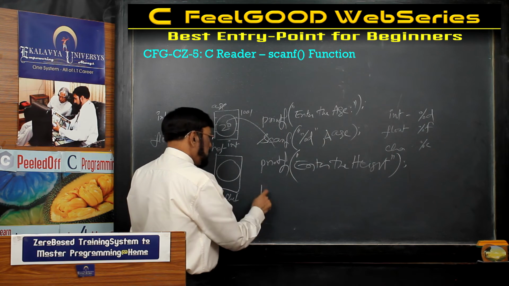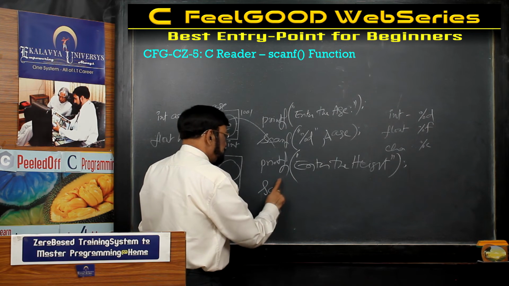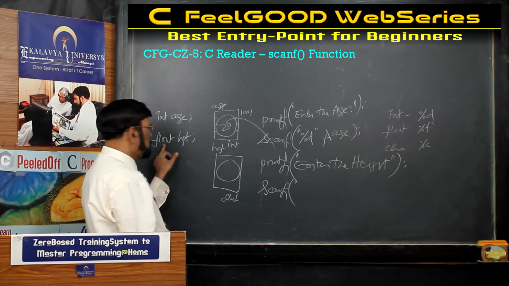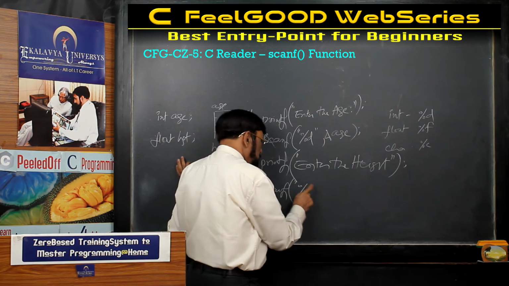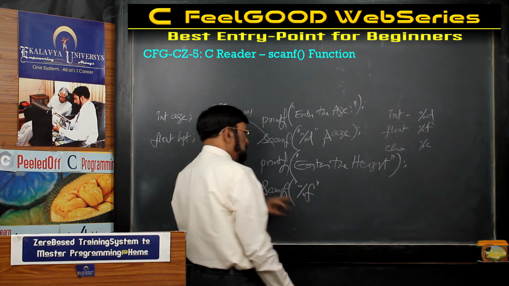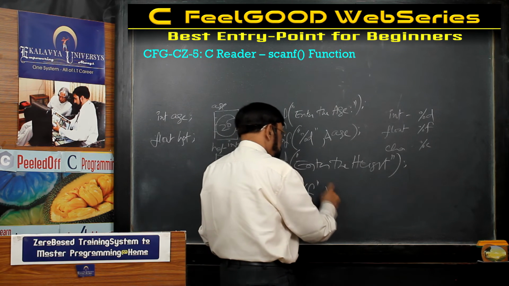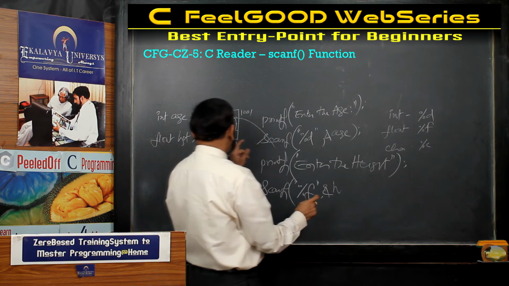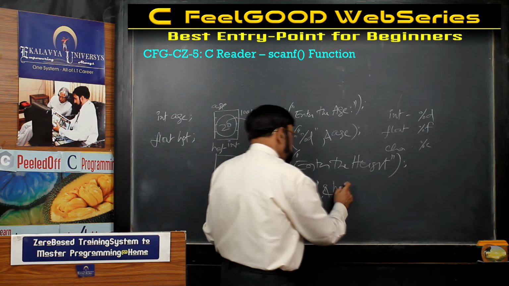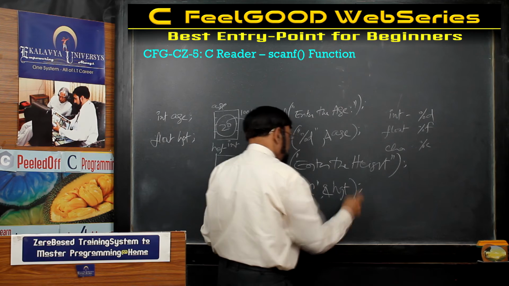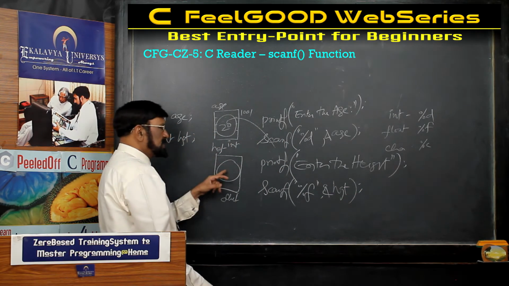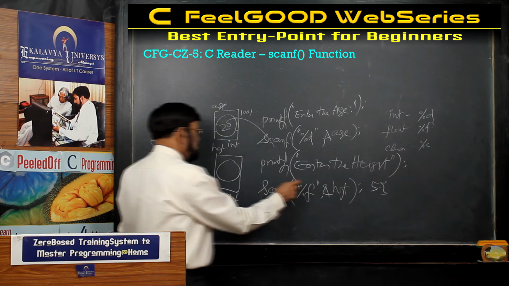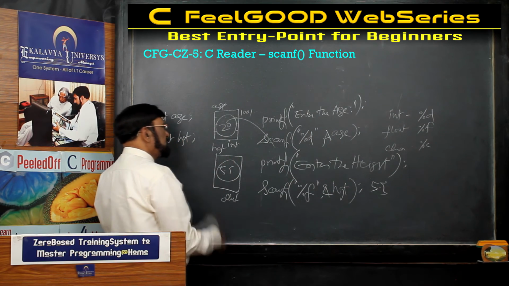Below that, you have to write the scanf statement. Which code do you write? You want to read a float value, so you write %f. Thereafter, ampersand means address of, and the spelling you have written, hgt. The same spelling you have written for the variable, you have to write. As a result of that, now we enter 5.5. Then this postman drops 5.5 here.